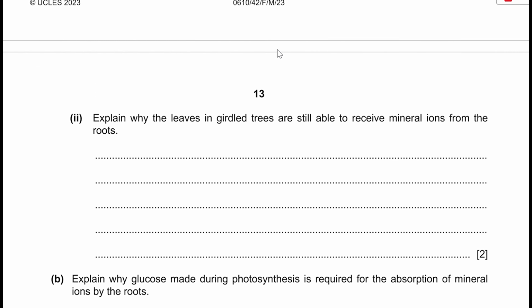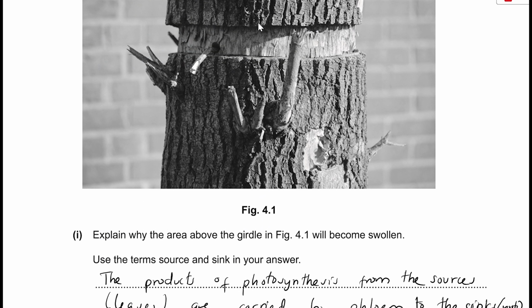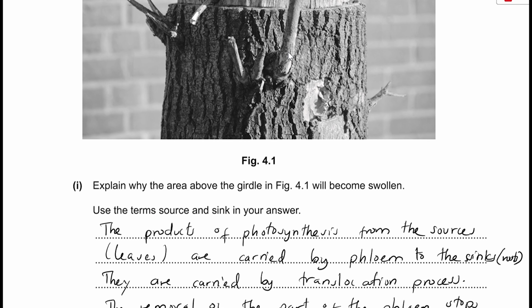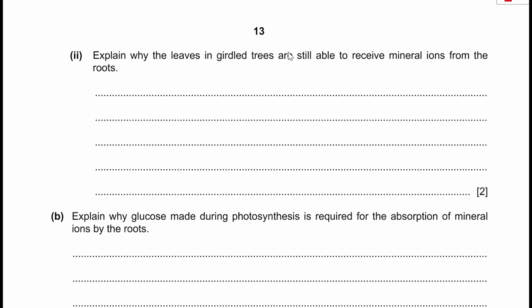Okay, explain why leaves in girdled trees are still able to receive mineral ions from the roots. Alright, so the thing is, the phloem is usually at the outer part, while the xylem is in the inner part. So the leaves will still be able to receive minerals because it's only the phloem that has been removed. Alright? Only the phloem has been removed while the xylem is still there.